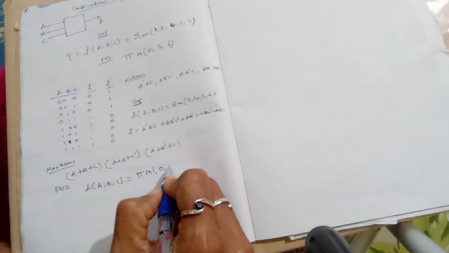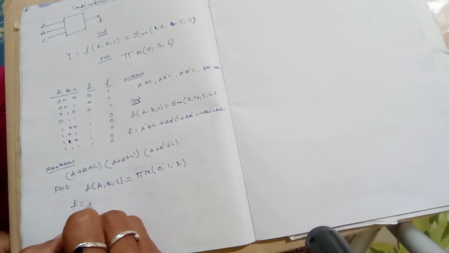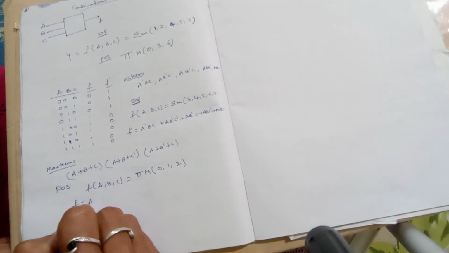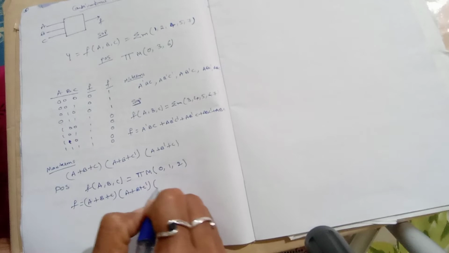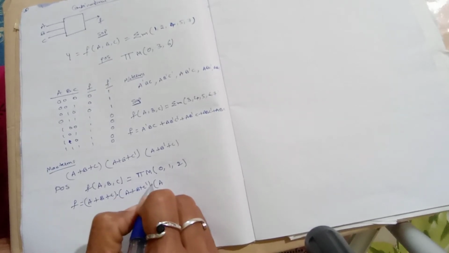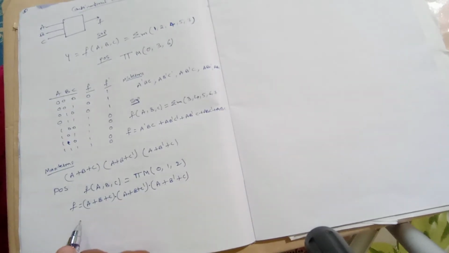So 0, 1, 2, and the function is written as A plus B plus C into A plus B plus C bar into A plus B bar plus C. This is the POS.